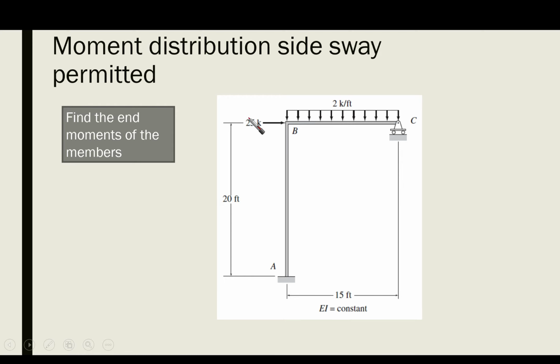There is a concentrated load at point B of 25 kips, and the span BC is 15 feet. EI is constant for the whole frame.